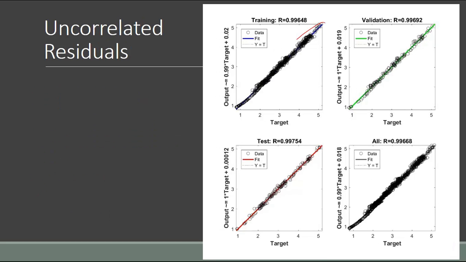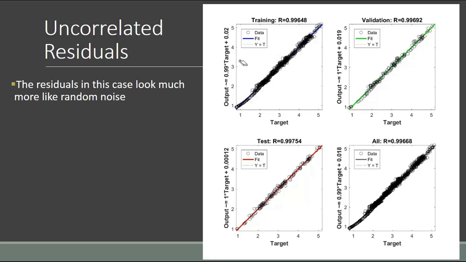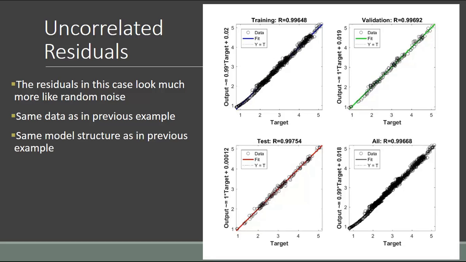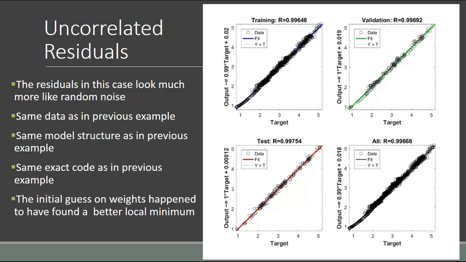And as you can see, at least superficially, this looks fairly randomly scattered about that y equals x line. Everything in this fitting routine was identical, so we just happened to have found a better local minimum.